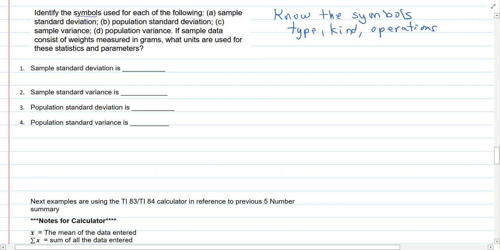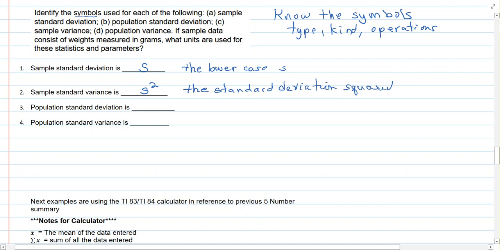Identify the symbols used in each of the following. A sample standard deviation is the lowercase s. The sample variance is the square of the sample standard deviation. All right.